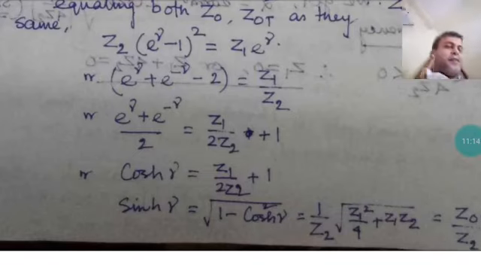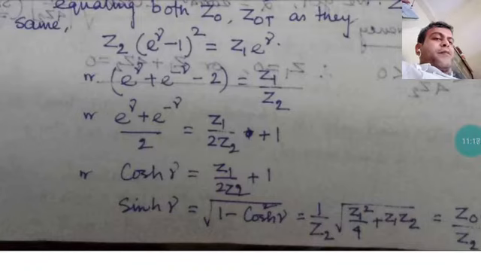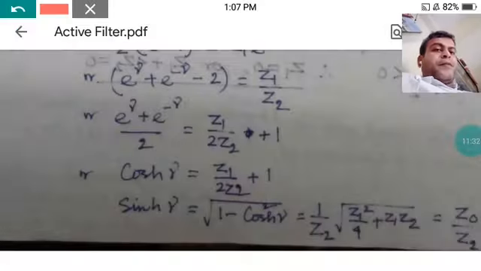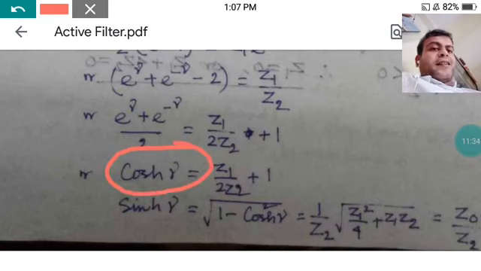Now what is the case of sinh gamma? You can easily calculate it from the value of cosh gamma, and that is Z0 by Z2. In this way you can calculate the different parameters of Z1 and Z2 in terms of cosh gamma and sinh gamma.